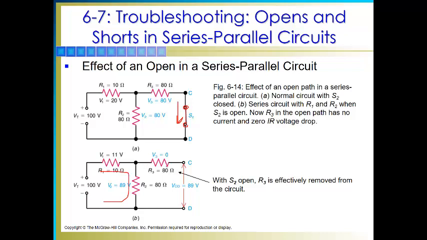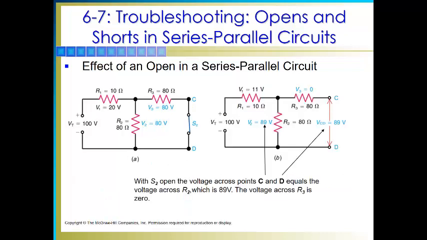Because this break right here will have no current. So if you have no current, all the voltage will be dropped across these 2 points, and no current will flow. See, you have 100 volts here.